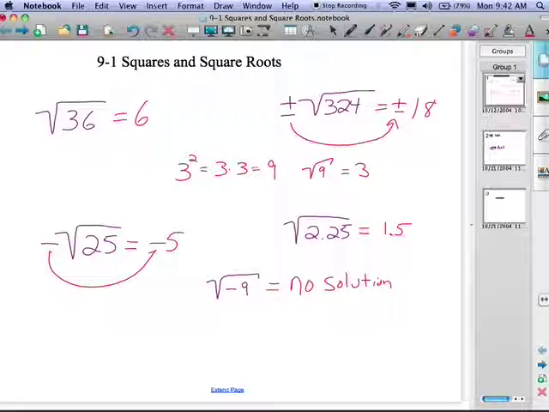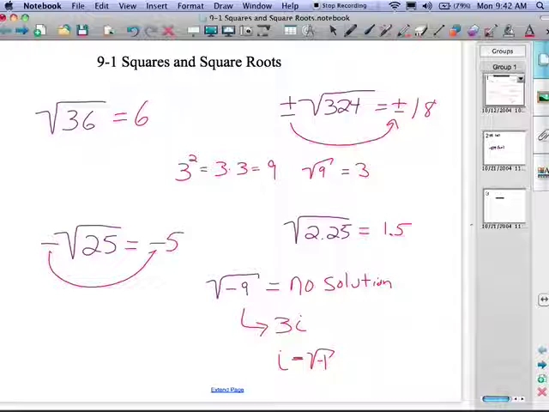In a few years, you'll be taught that the square root of a negative number, the square root of negative 9 in this case, is going to be 3 times i, so 3i. And i is by definition the square root of negative 1.